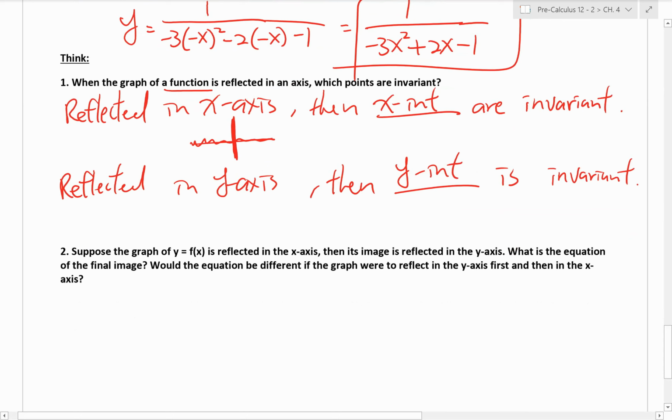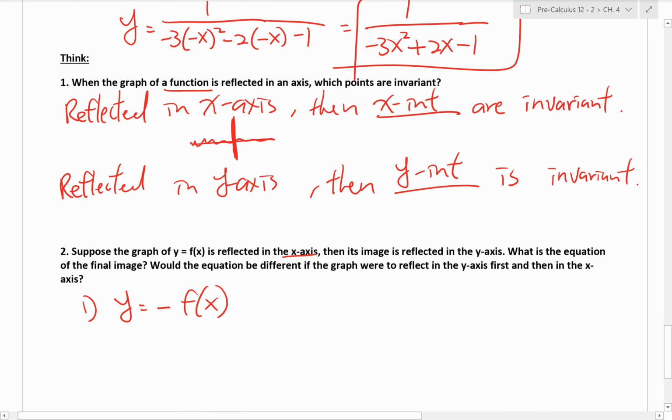Number 2, suppose the graph of y equals f of x is reflected in the x-axis, and then its image is reflected in the y-axis. What is the equation of the final image? First, we have a reflection in the x-axis. That means y values are going to change, so we put a negative sign in front of the f of x.